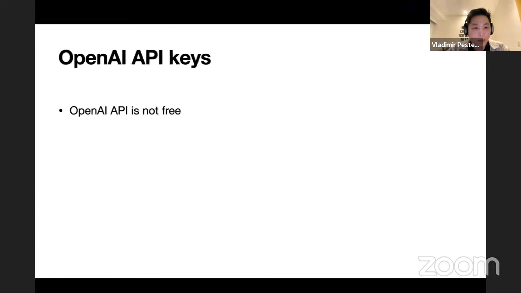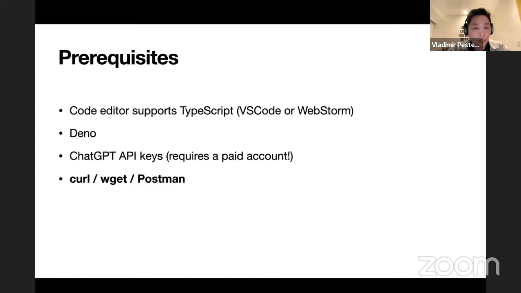Also, we need a tool for making HTTP requests to test our application in the workshop. I will use curl, but you can use Postman or wget. Postman is more friendly, of course. It is an easy-to-use option for beginners, but I will use curl.